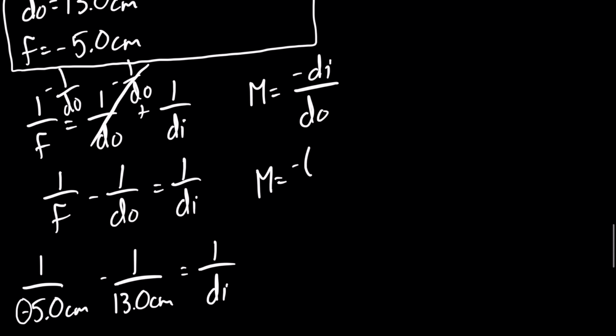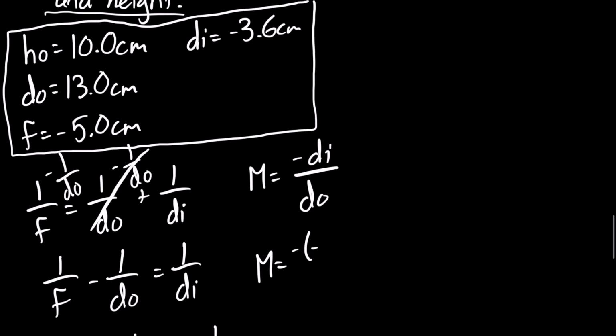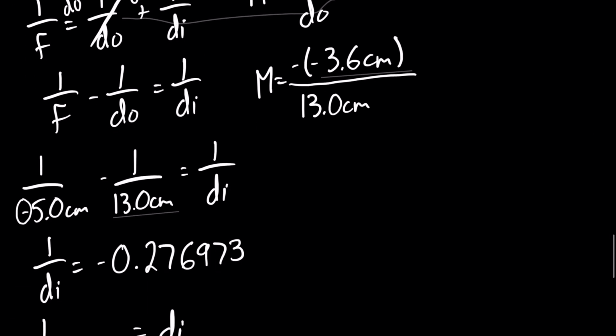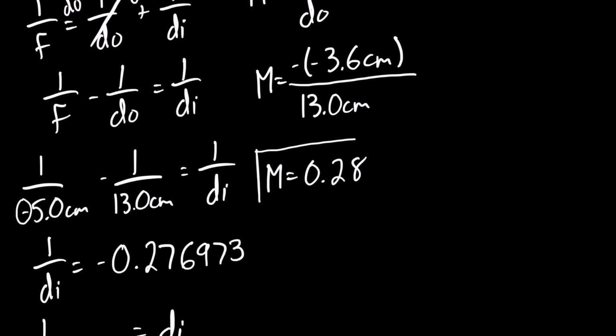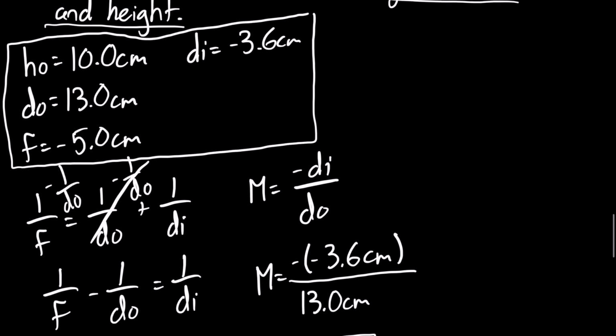We have negative, and since the di that we got was also negative, we have a double negative, which is a positive. So those negatives will cancel each other out, and we'll just end up with positive 3.6 centimeters over positive 13 centimeters. So our magnification is actually going to be a positive, and it's going to be 0.28. So our magnification is 0.28.